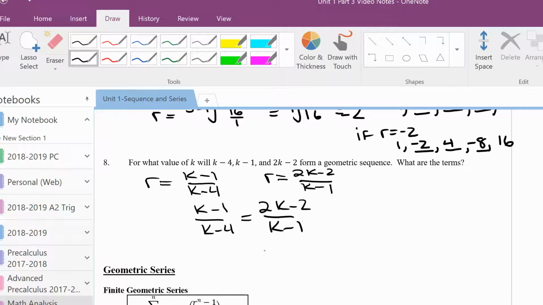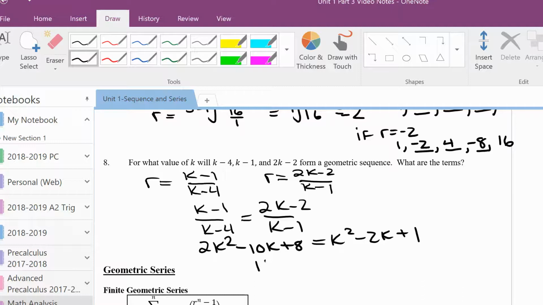And then you cross multiply, so you get 2k squared minus 10k plus 8. And then here, when you cross multiply, you get k squared minus 2k plus 1.